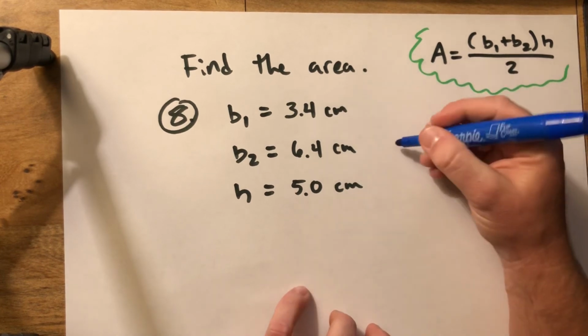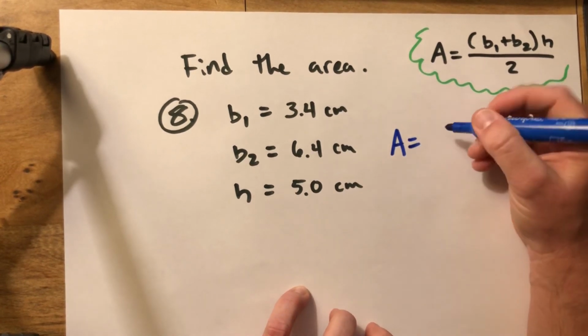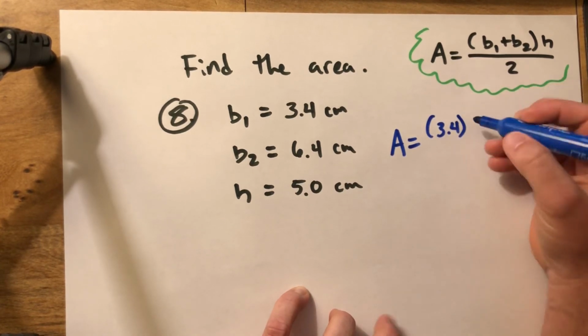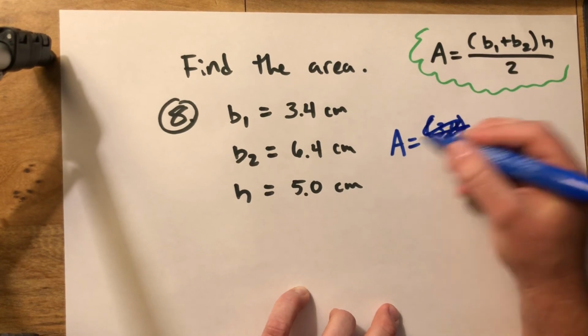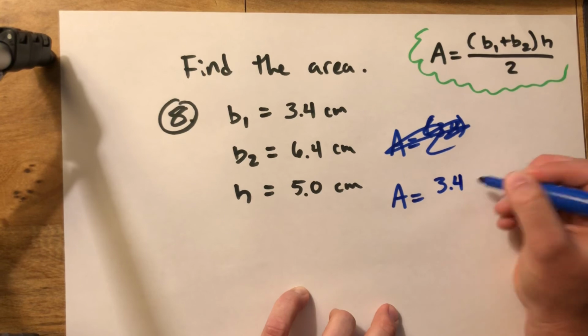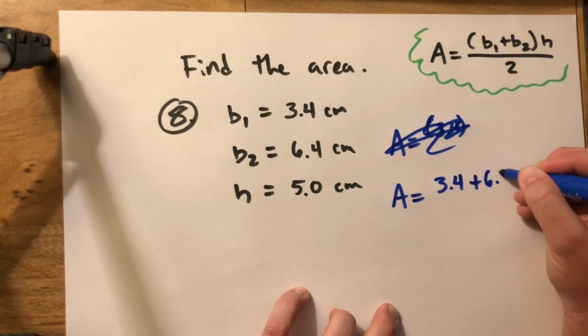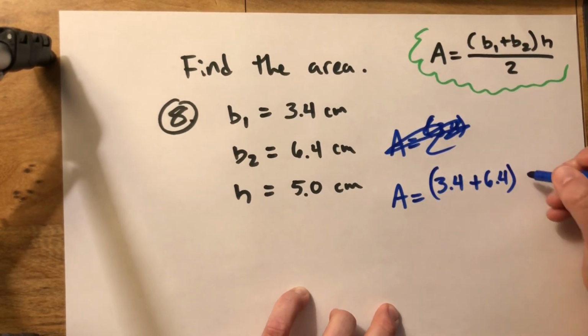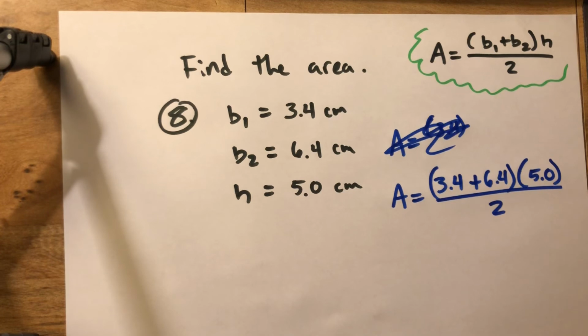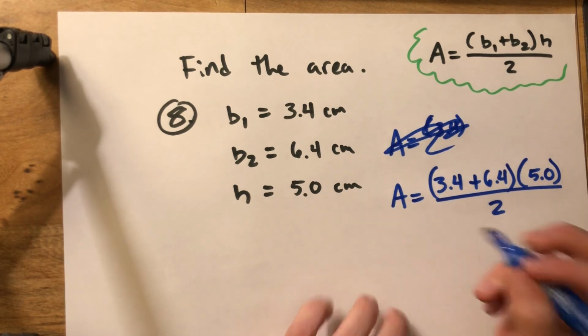Start with substitution. So area equals base 1, 3.4. Area equals 3.4 plus 6.4 times the height of 5 or 5.0, all divided by 2. Okay, so add these up. 3.4 and 6.4 would be 9.8.